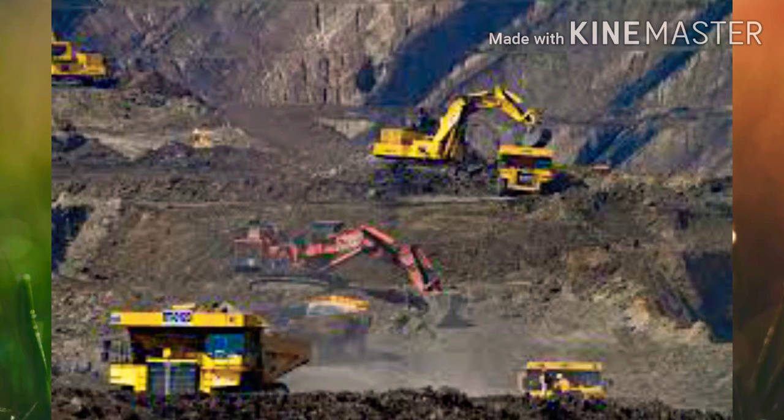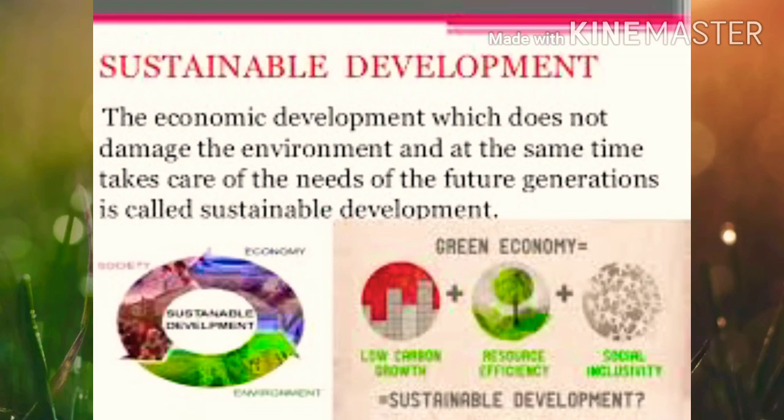We are adopting a new concept to safeguard our environment, to conserve our environment. That is a sustainable quality of life. And we can term it in a single way, that is sustainable development. So here we are going to study a new term, sustainable development. What is sustainable development?